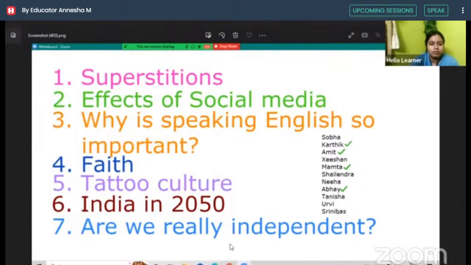The British ruler had his own government and didn't give power to the citizens of India.